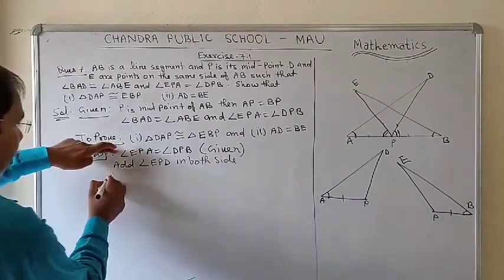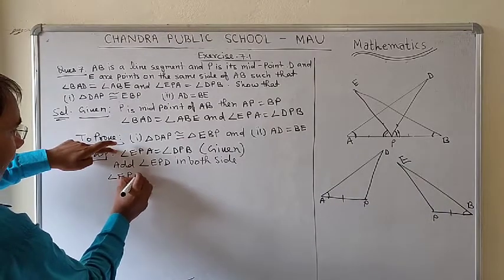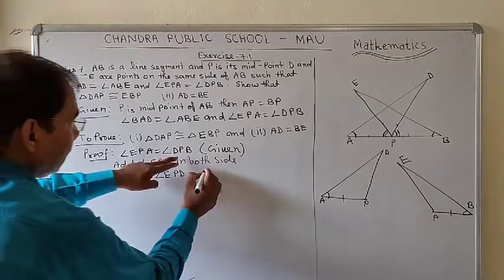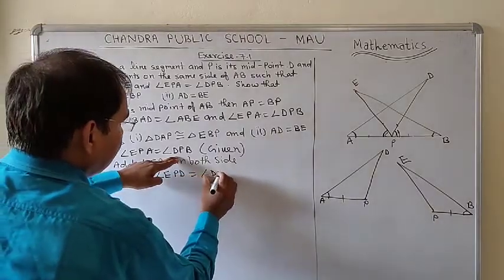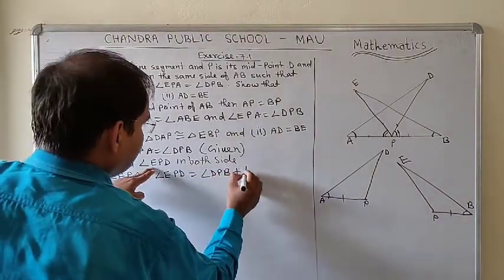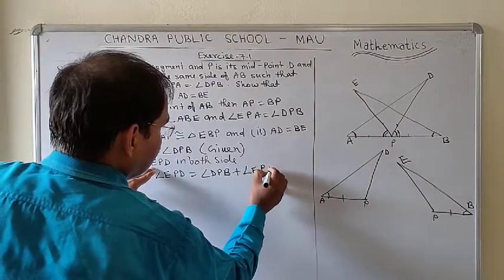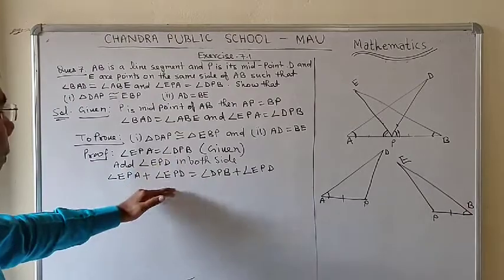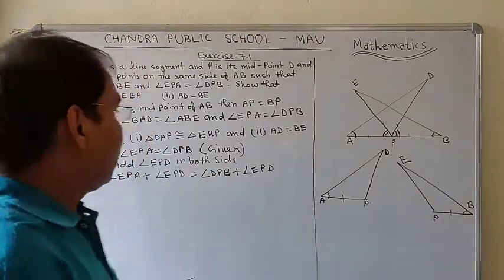Then here you will get angle EPA plus angle EPD equals angle DPB plus angle EPD. So these two are equal, and I am adding an equal angle in both, so again both will be equal.